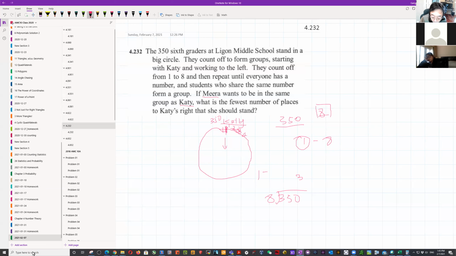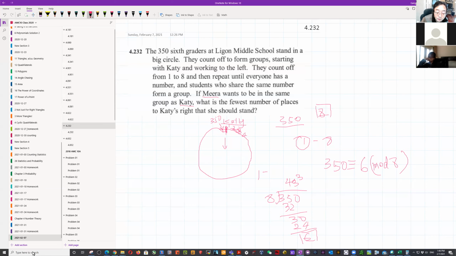So basically, 350 is congruent to 6 mod 8.